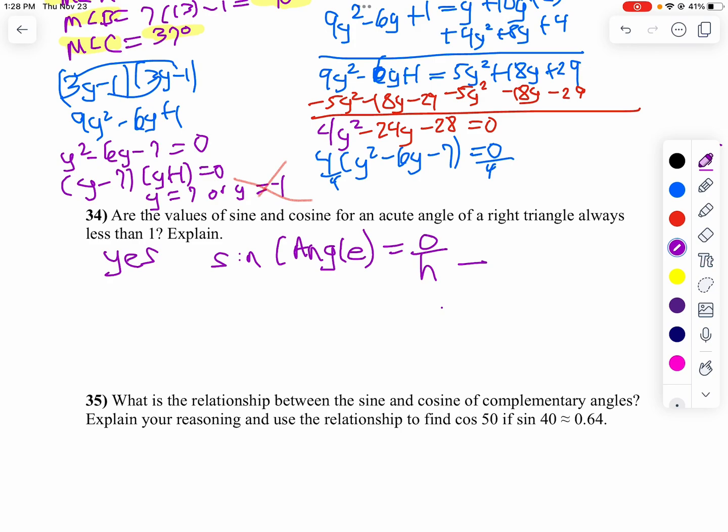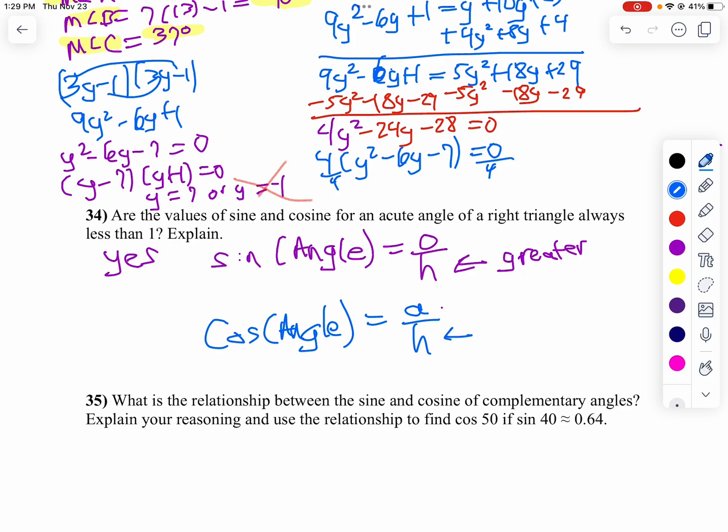And the hypotenuse is always going to be greater than the opposite side because it's the hypotenuse. So I'm always going to get a number less than 1. And I would say the same thing for the cosine of an angle. That's going to be the adjacent over the hypotenuse.